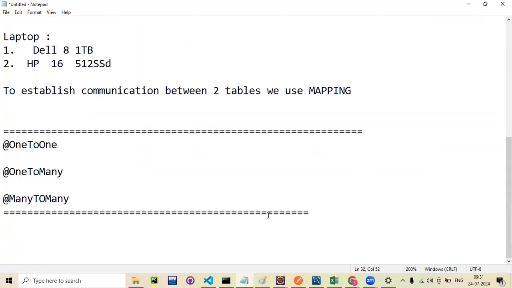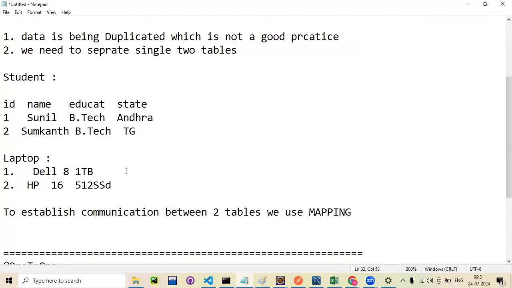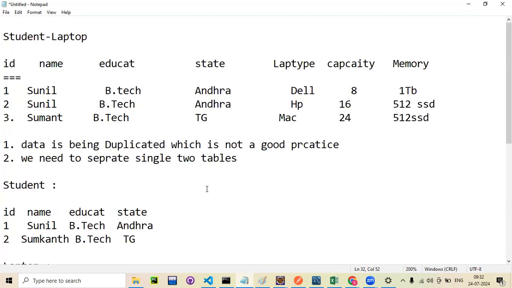So now, Sumant, tell me, how can I establish communication between these two tables? Using mapping, like as you said, one to one. Yeah, that is okay. Suppose let us assume each student has one laptop only.